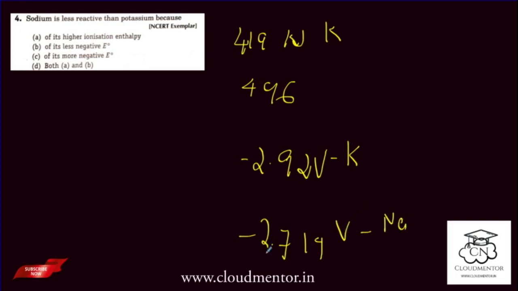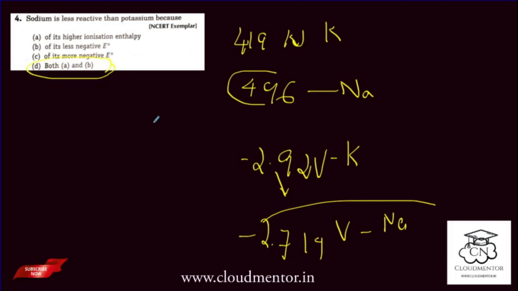So these are the reasons for potassium becoming more reactive than sodium. Sodium has higher ionization enthalpy, so it is not able to donate its electron easily, and it has a less negative electrode potential. So both A and B are the right answer.